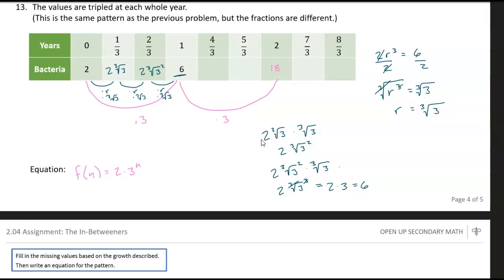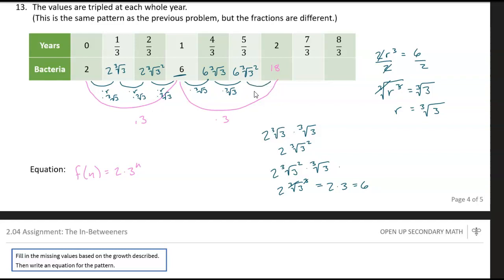So now it's just really going to repeat this pattern. We're going to take the whole number times cube root of 3, so that'll just be 6 cube root of 3. We'll multiply again by cube root of 3, and that's going to square this, so 6 cube root of 3 squared.